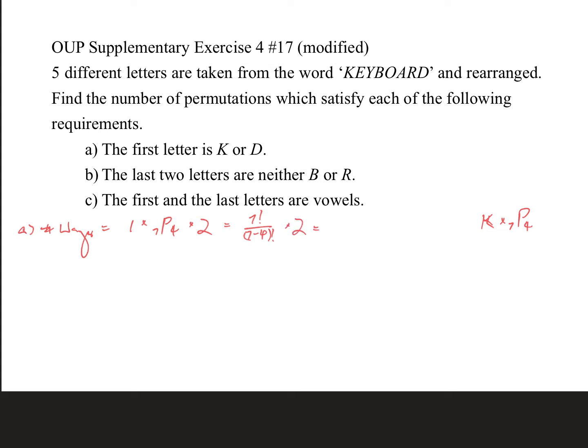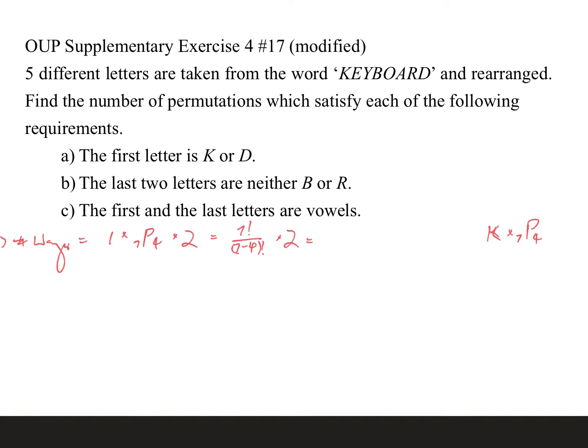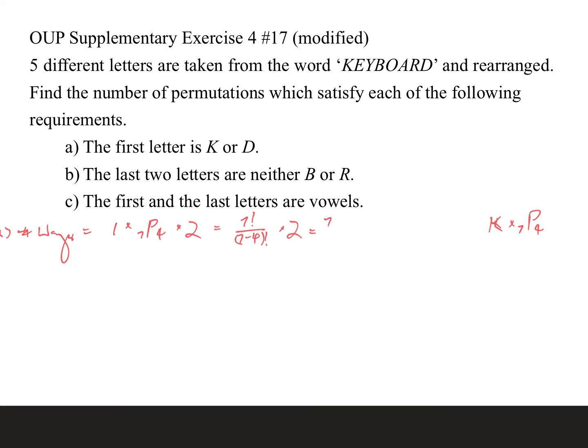So let's simplify this one. 7 factorial divided by 3 factorial times 2, which is equal to 7 times 6 times 5 times 4 for the 7 factorial over 3 factorial, and then times 2. I have to use the calculator again, which is 42 times 40, which is equal to 1680.